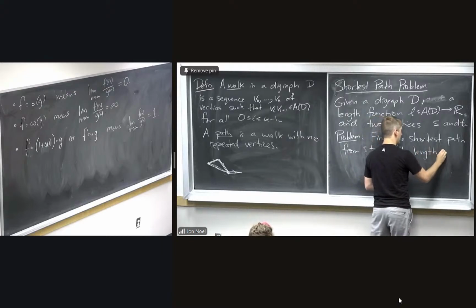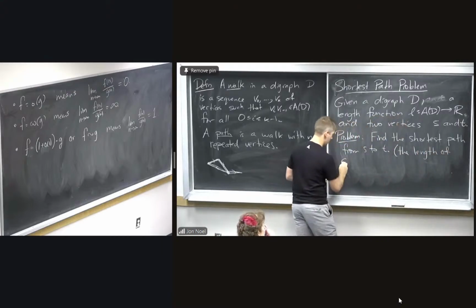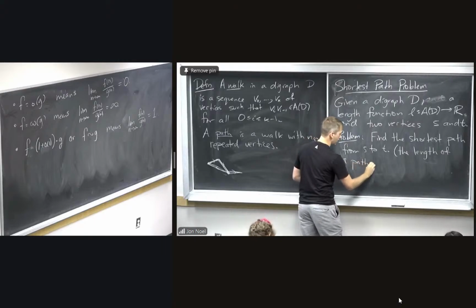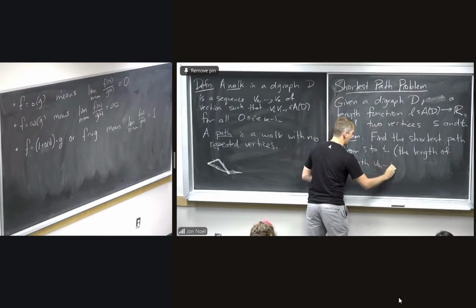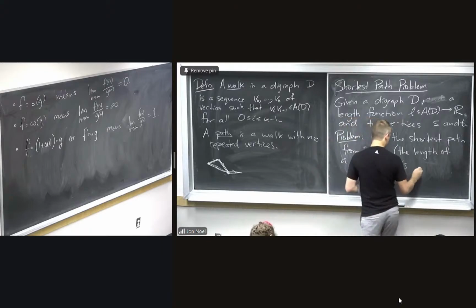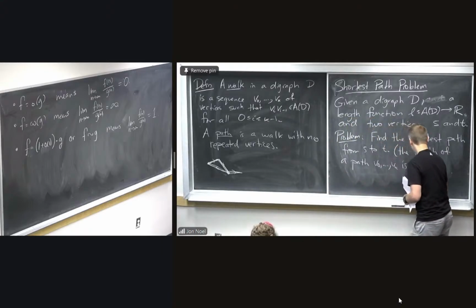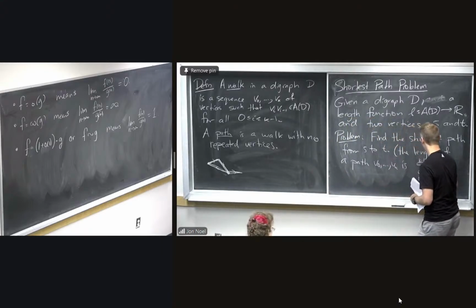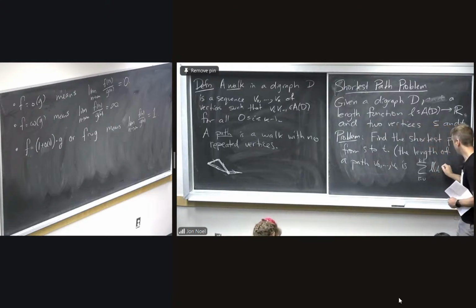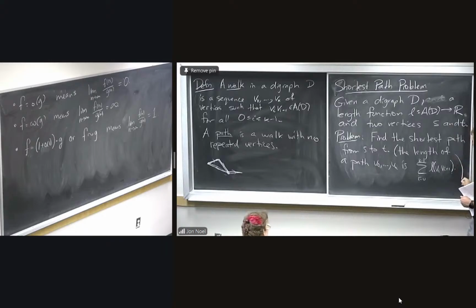So the length of a path V0 up to Vk is just the sum, i equals 0 up to k minus 1, of the length of (Vi, Vi plus 1). Is the problem clear, or any questions about it?